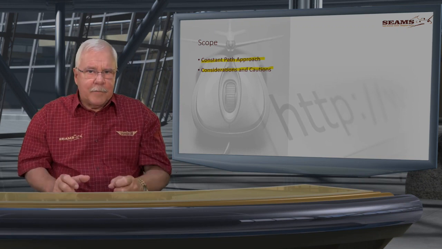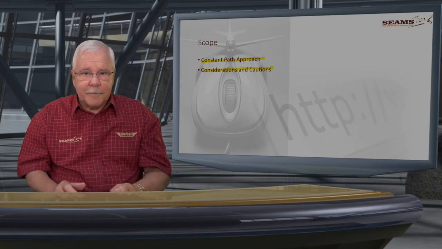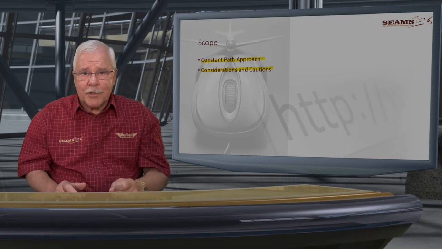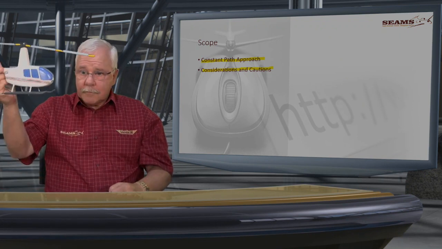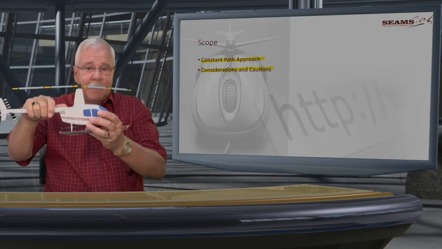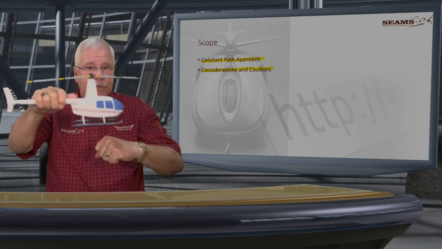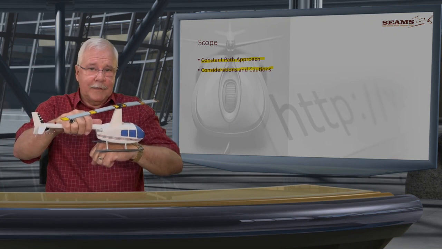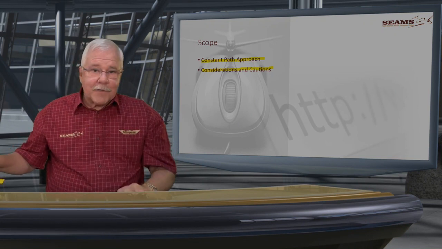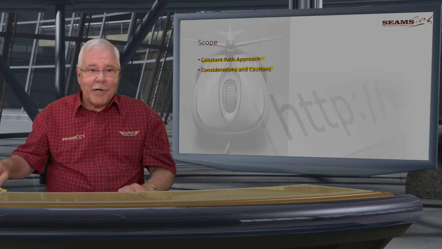This is the kind of approach that was developed for multi-engine helicopters. So if you're on an approach and you lose one engine, you can still land on the deck or wherever you were approaching to. Now this is such a great method.